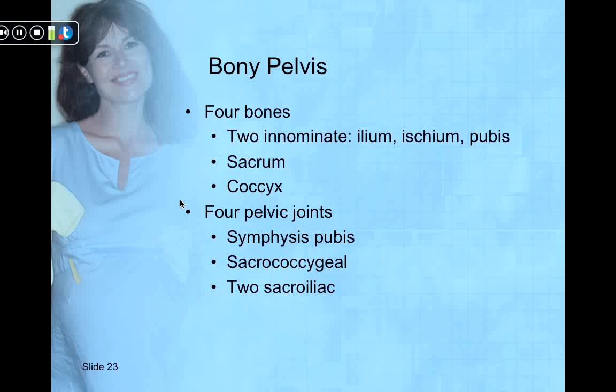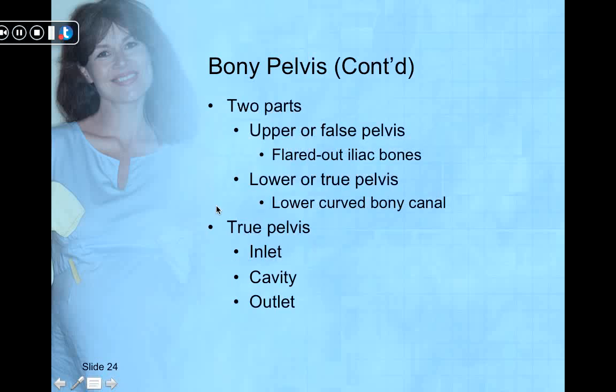So knowing these bony structures, and any abnormalities the patient has, maybe they broke their coccyx and we need to adjust their exam a little bit, can aid in your exam.